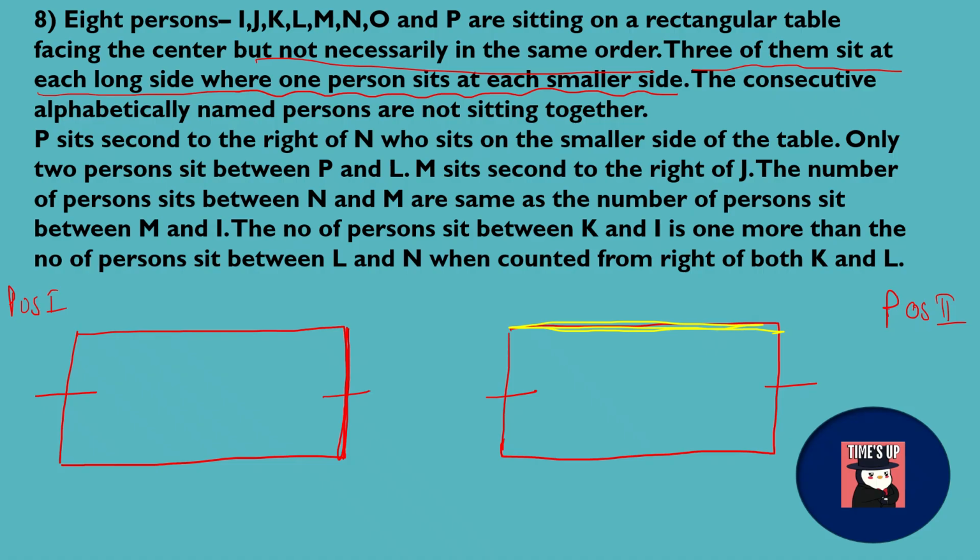So on each of the small sides, one person is sitting. On the long side, three of them are sitting. So total 8, correct? And they are all facing towards the center.